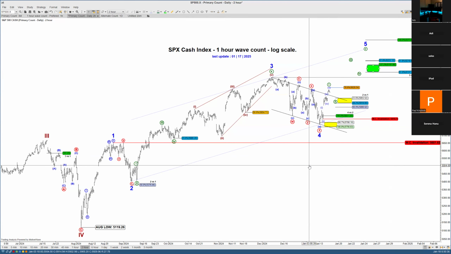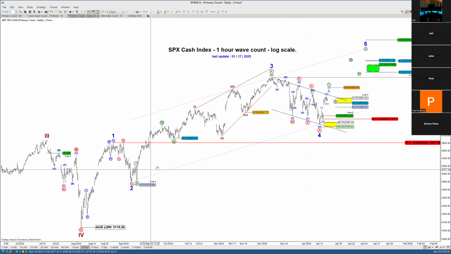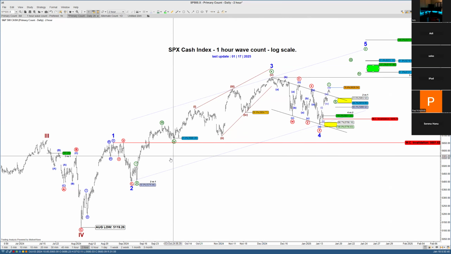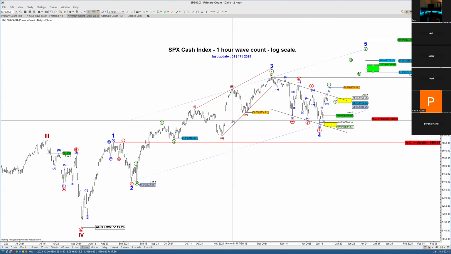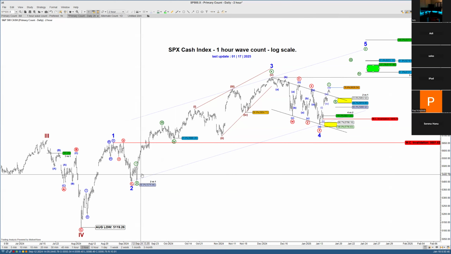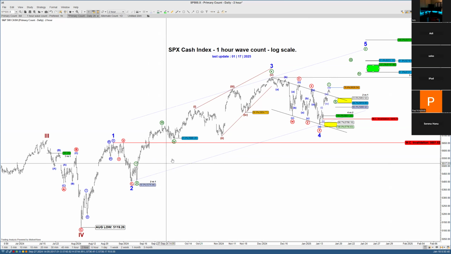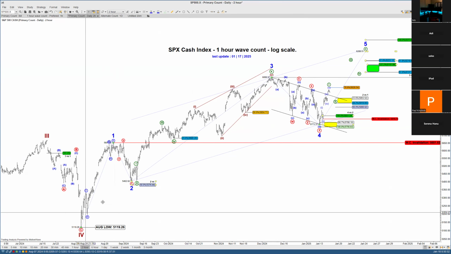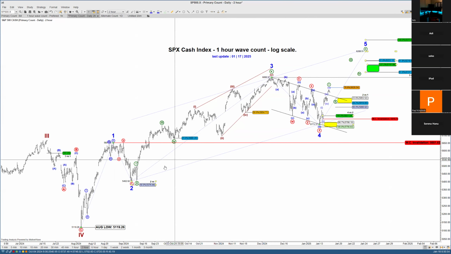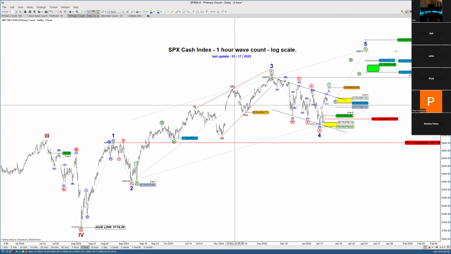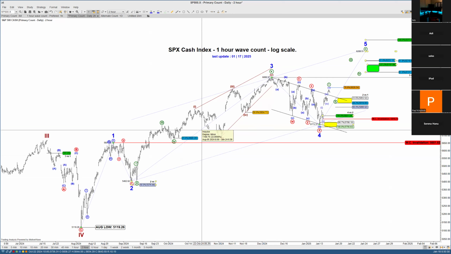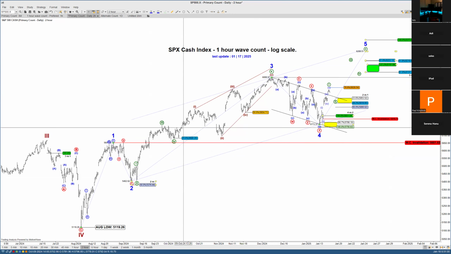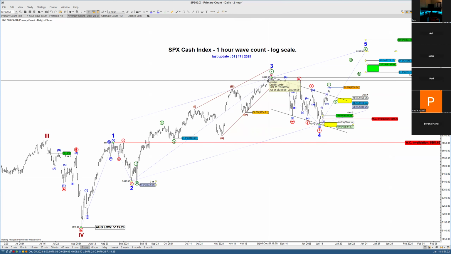This is a little tricky, and I could live with this. Not a very huge fan. I spent a lot of time looking at this, because if you take this wave 3 here, it's very difficult to count 5 waves, because it has a lot of overlap.